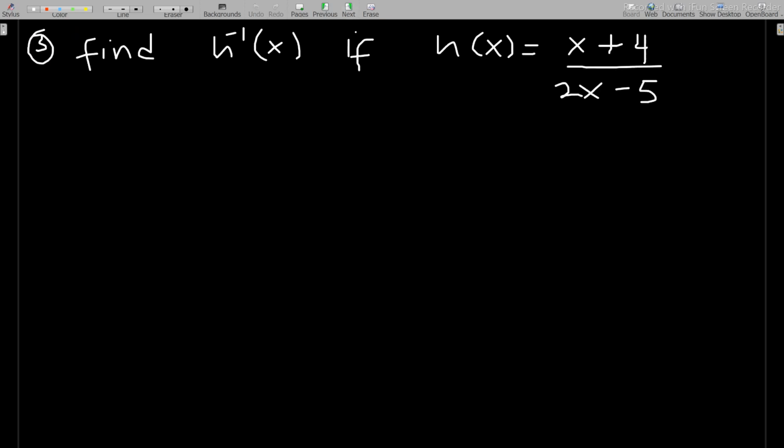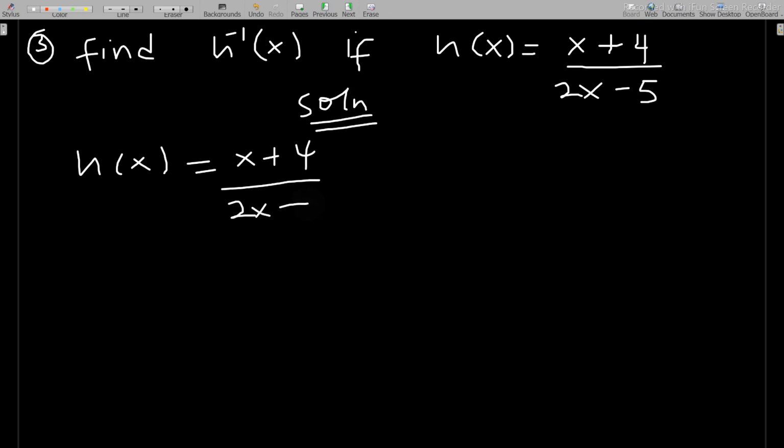So the last one is find h inverse if h of x is equal to that. H of x is equal to x plus 4 over 2x minus 5. So y is equal to x plus 4 over 2x minus 5. We said what you do is change every y to x and every x to y.